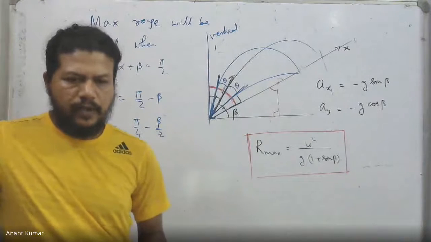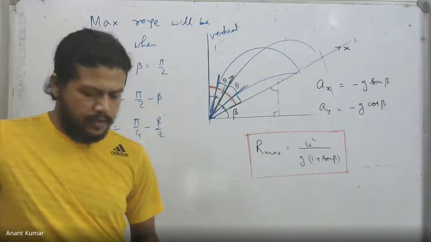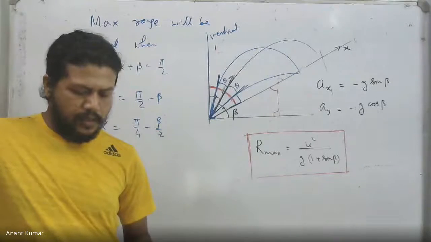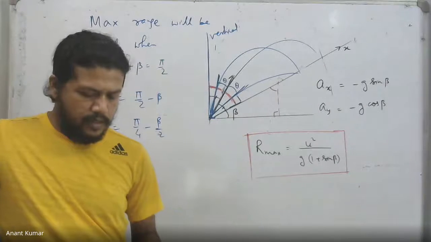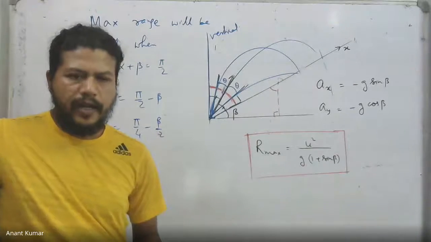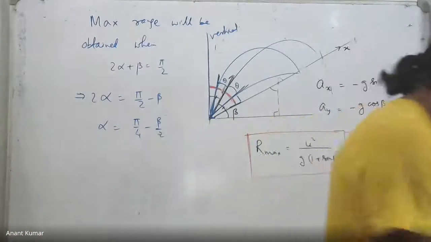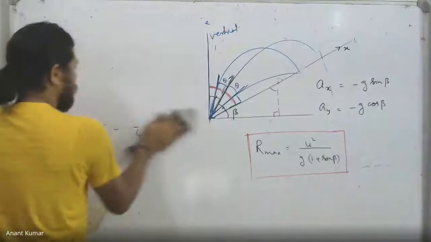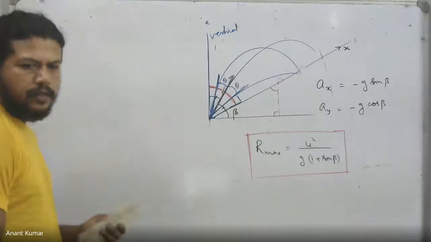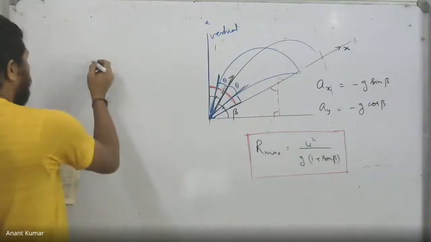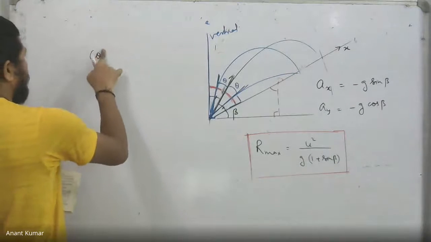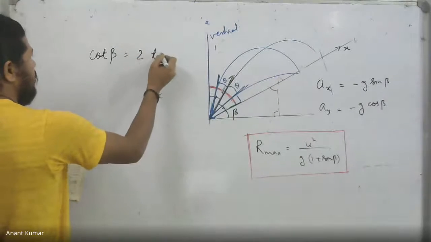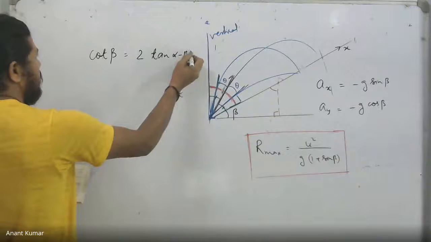If the particle strikes the plane at right angles, we need to prove that, velocity is not given, cot of beta is equal to 2 into tan of alpha minus beta.